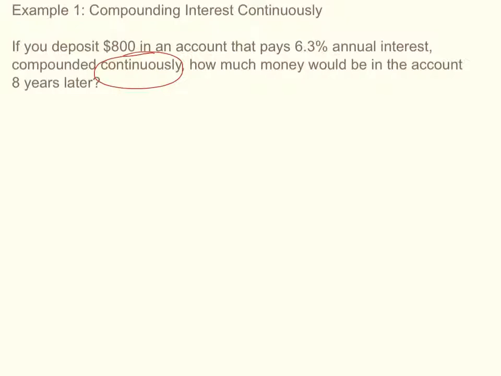So how much money would be in the account 8 years later? Okay, this is not really a calculus problem. This is really just an exponential problem, but I wanted to just give you a feel for the variables to remind you how this works. So we would have y equals ce to the kt. Okay, and c is our initial amount, and so that would be 800. So y would equal 800 e, and then k is our rate.